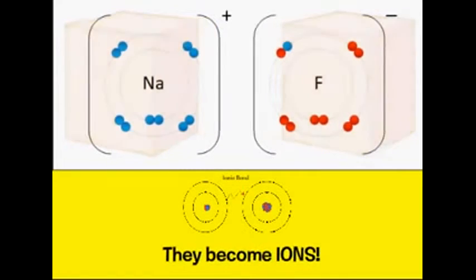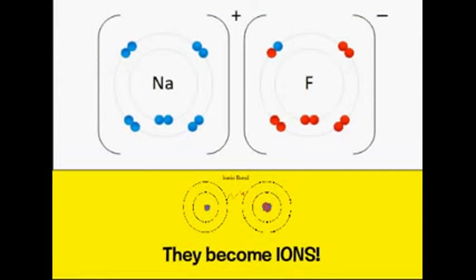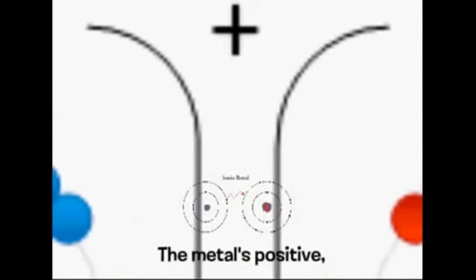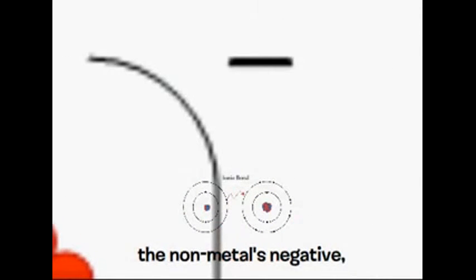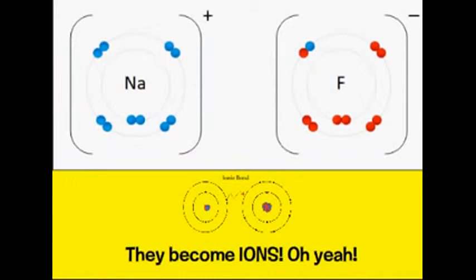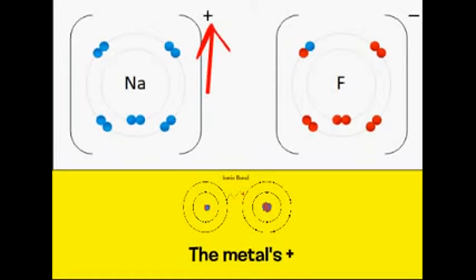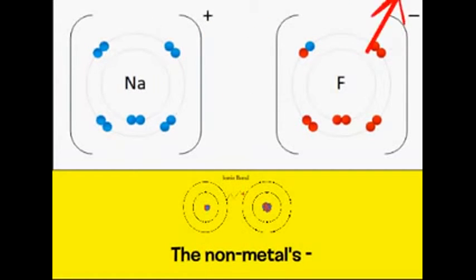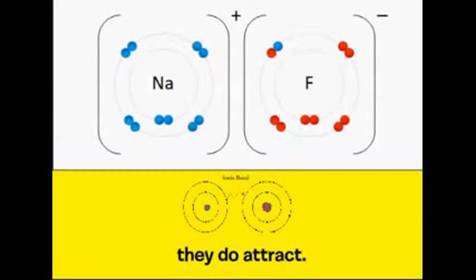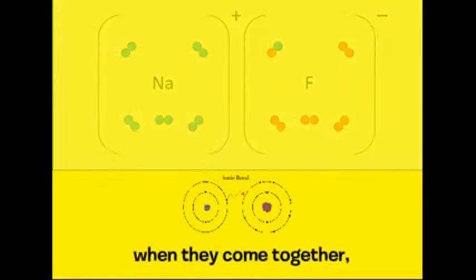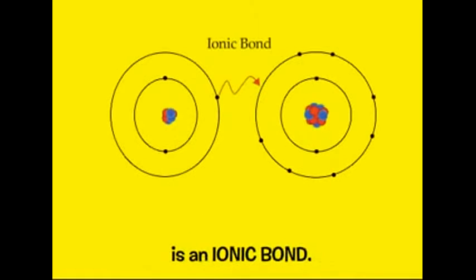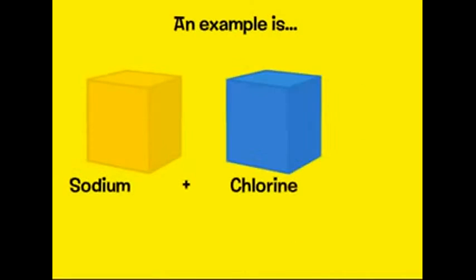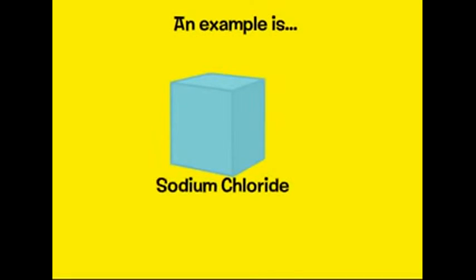Charged atoms, they become ions. The metal's positive, the non-metal's negative. They become ions. Oh yeah, the metals plus, the non-metals minus, and opposites they do attract. So what you get when they come together is an ionic bond. Sodium chloride.